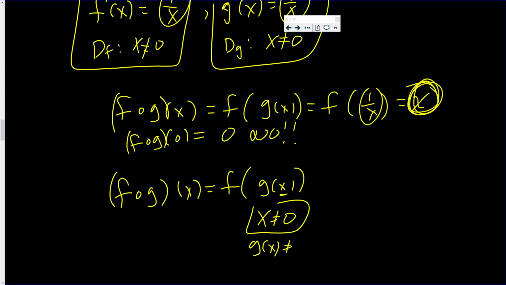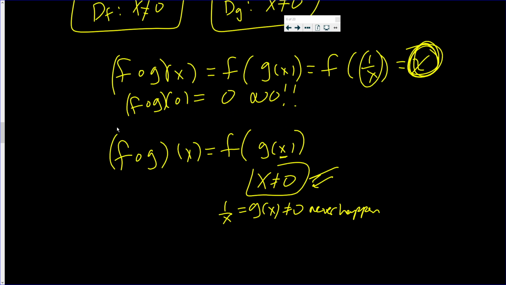So, g of x can't be 0. But g of x is 1 over x, and 1 over x is never 0. So, this here will never happen. So, we only have that constraint. So, the domain of f circle g of x is x not 0.